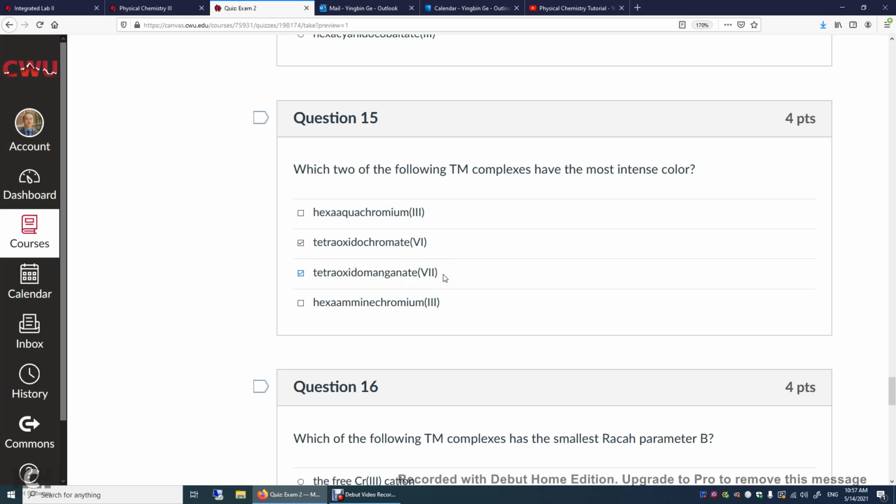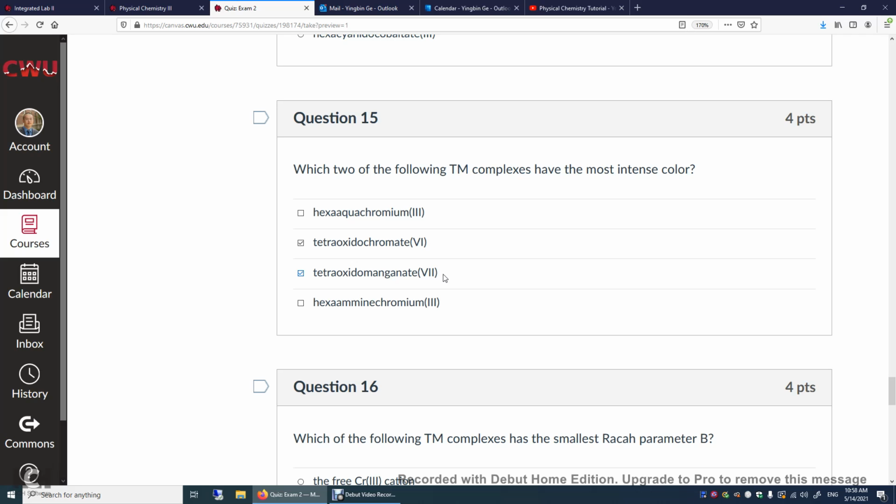So when you see a really, really high oxidation number, first check if it's d0. If it's d0, then this transition metal complex very likely has a very intense color, because the photon-induced electronic transition very likely involves charge transfer.